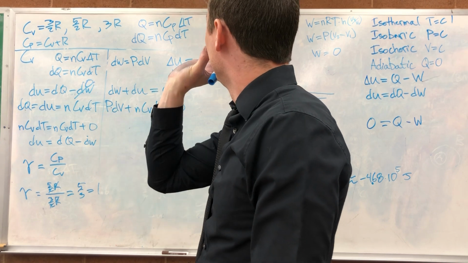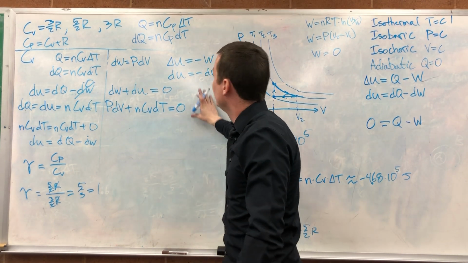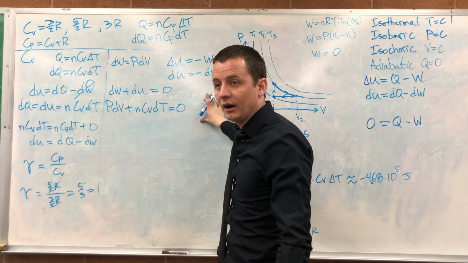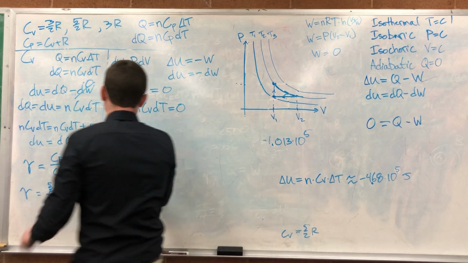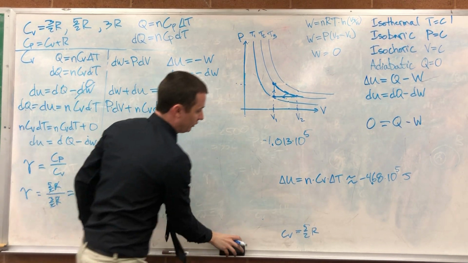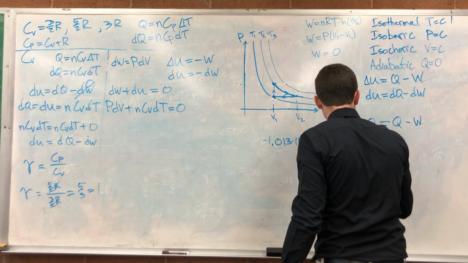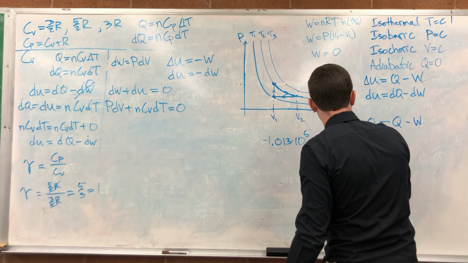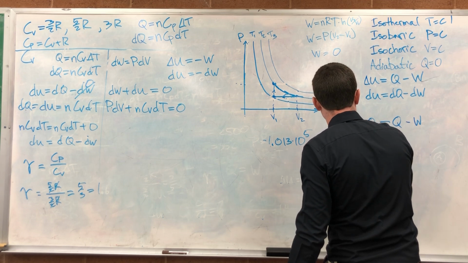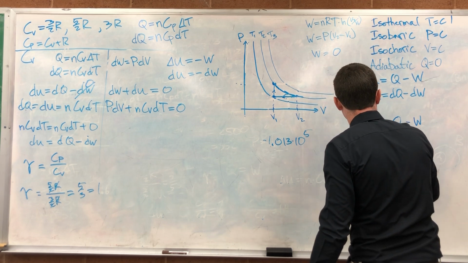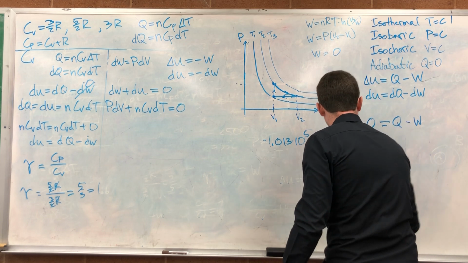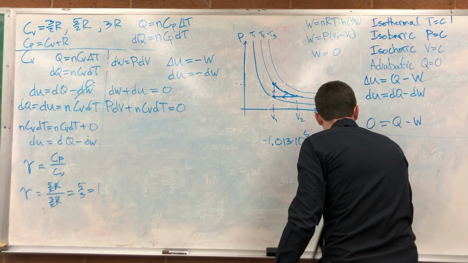No. I shouldn't have erased what we had right here. Remember what we had over here when we were using Cp. So one of the equations I just erased, let's come right over here. If P is a constant, then we had this worldview.